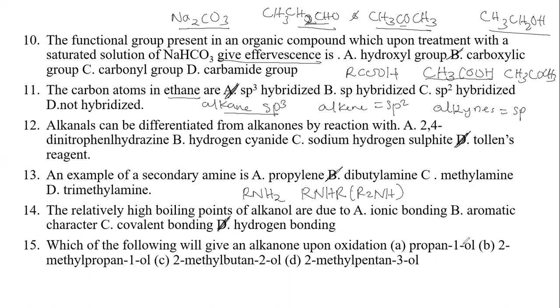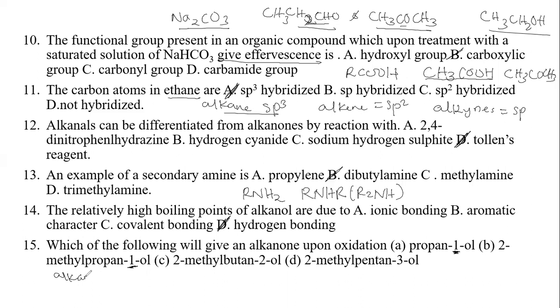So the alkanol compound you are going to choose must be a secondary alkanol. Now, let's look at option A, propan-1-ol. When you see 1-ol, that alkanol is a primary alkanol. So propan-1-ol is a primary alkanol, and it will not give an alkanone. 2-methylpropan-1-ol is still 1-ol, which means the OH is on the first carbon.